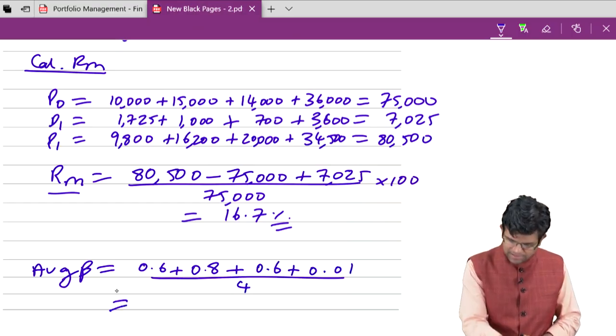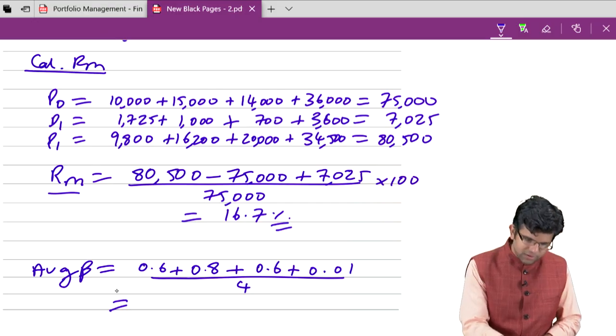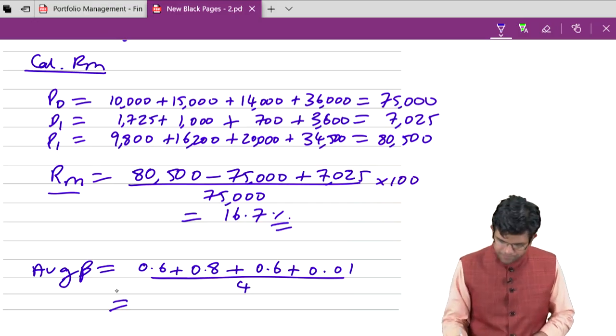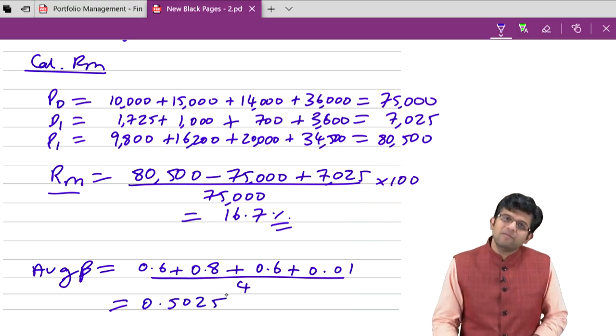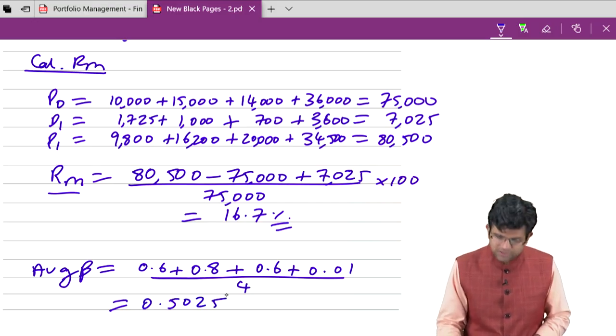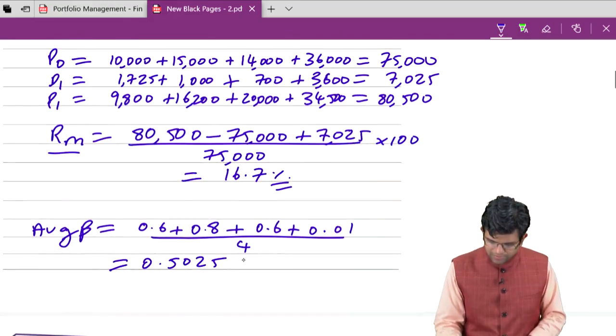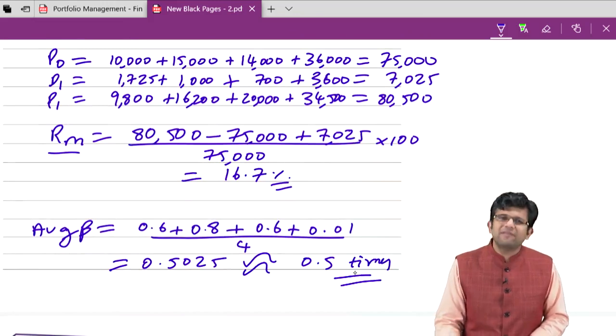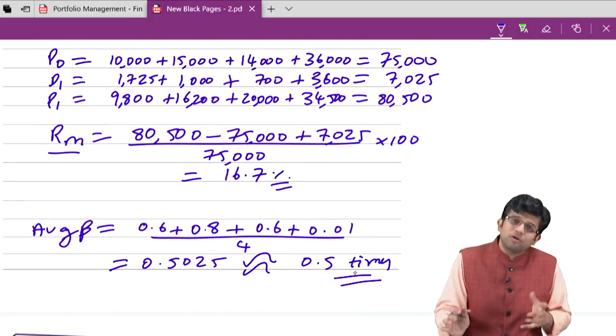If I take the calci, we will get average beta as 0.5025. Which, students, we can round off to 0.5 times. On an average, 0.5 times is the portfolio beta.